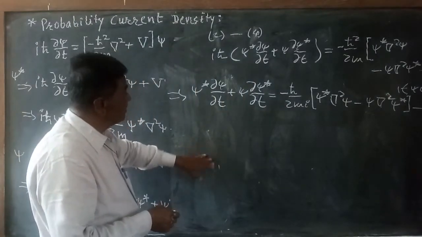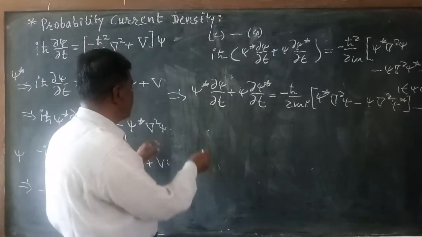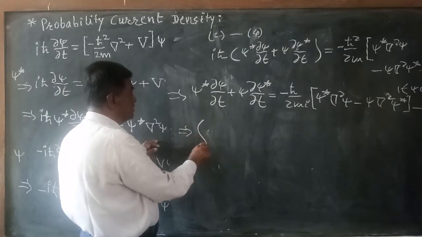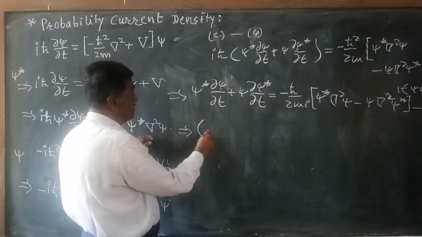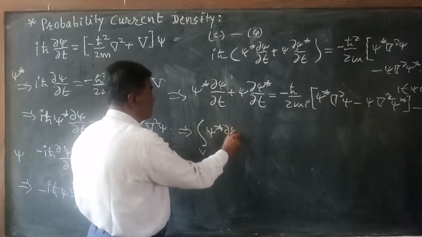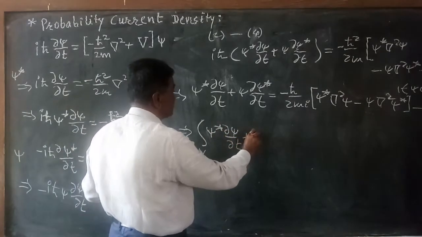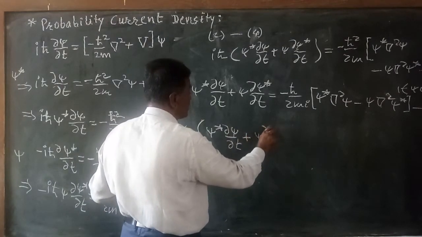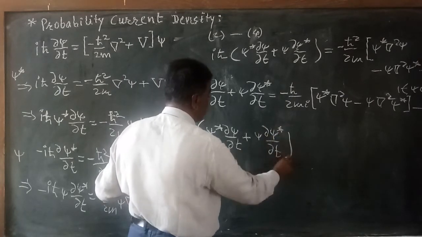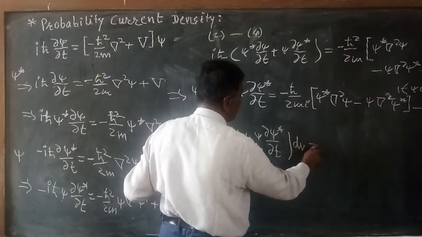Now taking the integration of both the sides over all space, which implies taking integration over all space, that is ∫dV, of ψ* ∂ψ/∂t plus ψ ∂ψ*/∂t, into dV, integration over the complete volume or space.